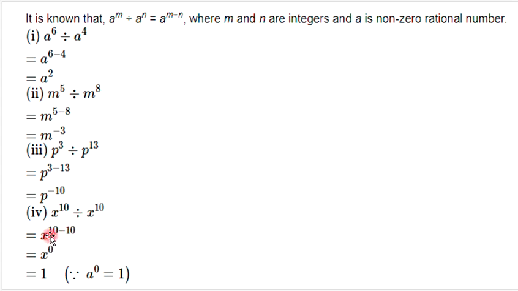That gives us x raised to 10 minus 10, that is x raised to 0. Any number raised to 0, the answer is 1. So this is another law of indices that we are using in this sum. A raised to 0 is 1.